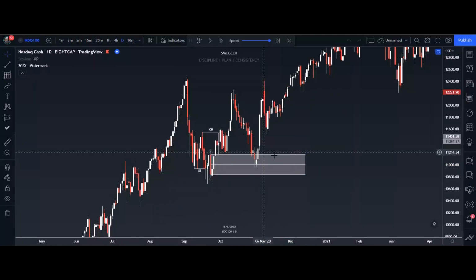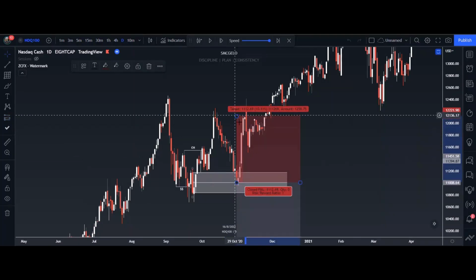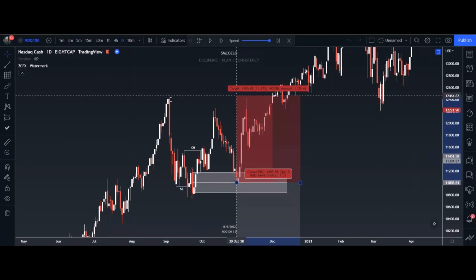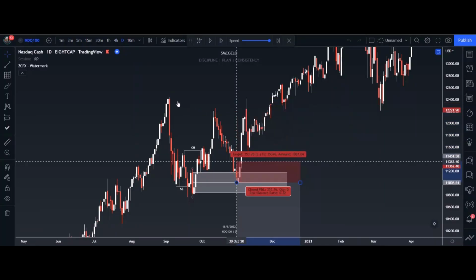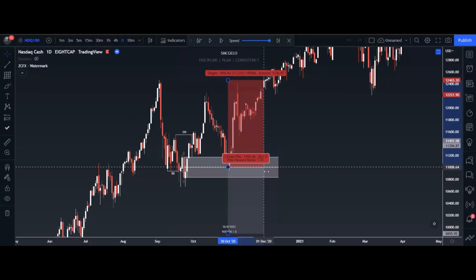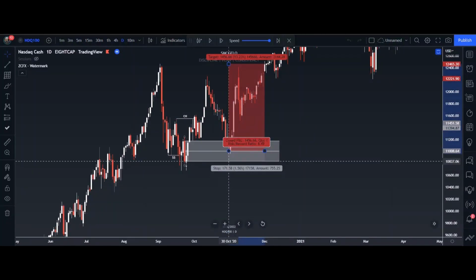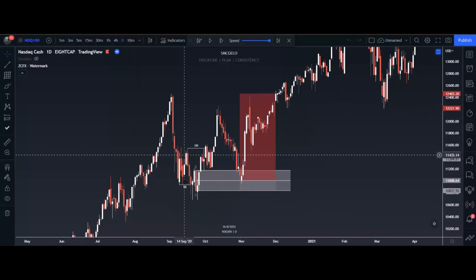Now you can refine these, but just to make this video a little bit quicker, I'm not going to go down and refine, because if you're just trading off the daily, here you go. Target either the high of the move, like I do, or you could target the full high. You're going to be in this trade for another week or two. Boom, you got an 8.5R, you're making 1,400 pips, you're risking 170 just off the change of character.